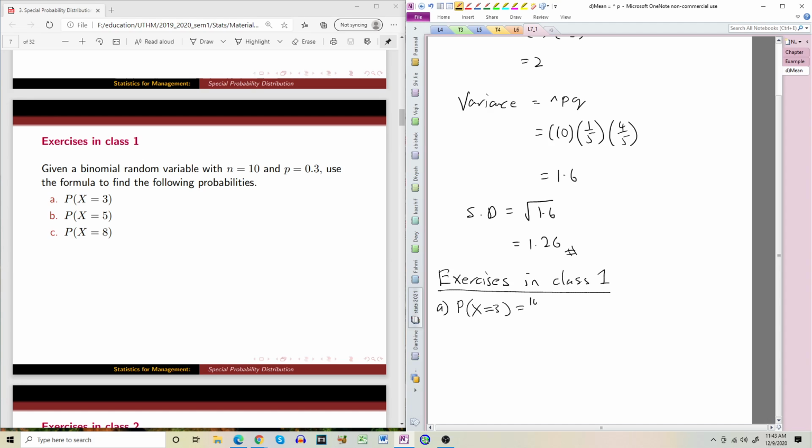N is 10, x is 3, your p is 0.3, your q should be 0.7, 3 here, 7 here, you should get 0.2668.